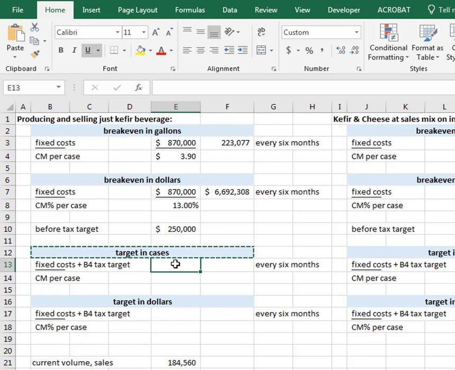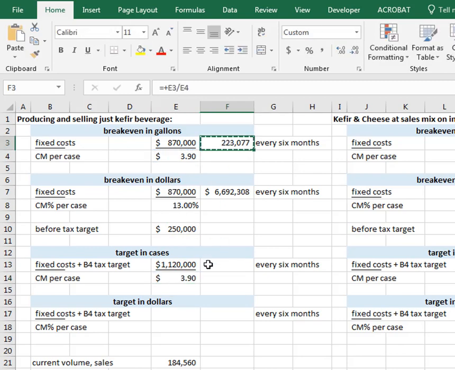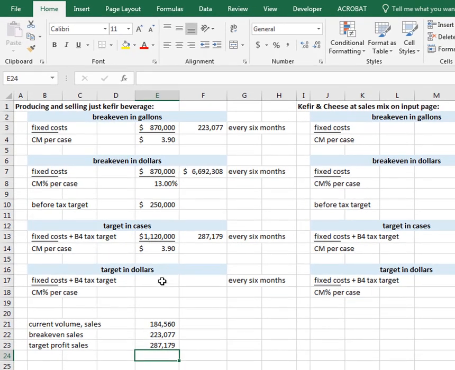Would you need to sell in order to cover not just your fixed cost, but your fixed cost and the 250? So we'll add the fixed cost to the 250. Contribution margin per case is the same. So in order to reach your target, you would have to get 179 cases.